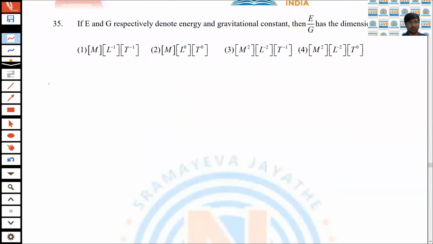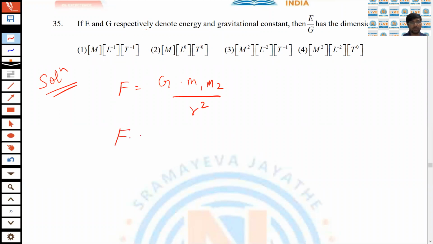Let's come to the 35th question. Now, E and G respectively denote energy and gravitational constant. Then E by G has the dimension of. Now, we know this formula, F is equal to G m1 m2 divided by r square.